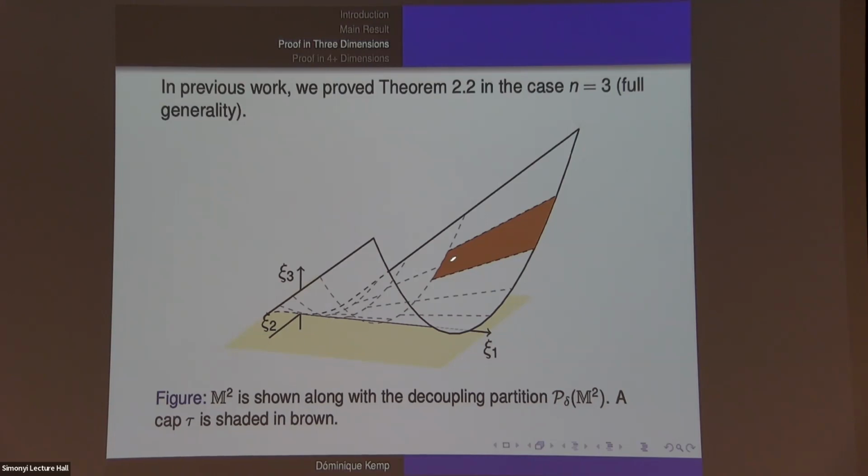I can tell you that the width is, okay, let me proceed this way. The length is some dyadic power, let's say 2 to the minus k. And that's going from delta to the 1/3, because we're in 3 dimensions, and then it goes up to 1.